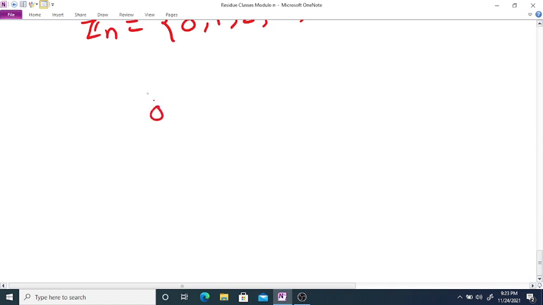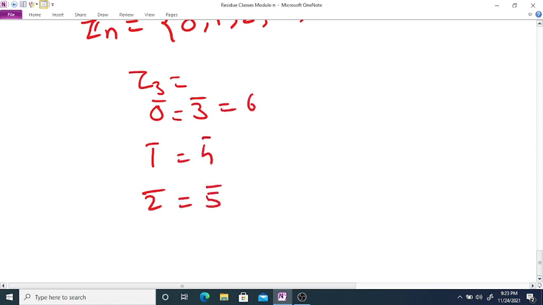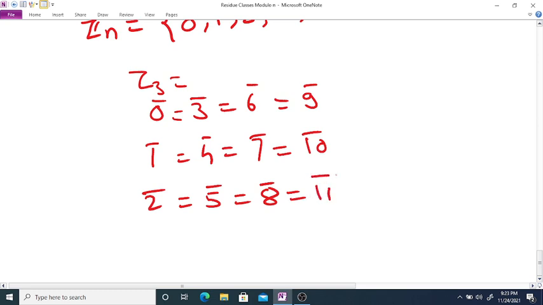For Z3, we have 0 bar, 1 bar and 2 bar, then 3 bar is again 0 bar, 1 bar is the same as 4 bar and 2 bar is the same as 5 bar. Again 6 bar is the same as 0 bar, 7 bar is the same as 1 bar and 8 bar is the same as 2 bar. 9 bar is the same as 0 bar, 10 bar is the same as 1 bar and 11 bar is the same as 2 bar.